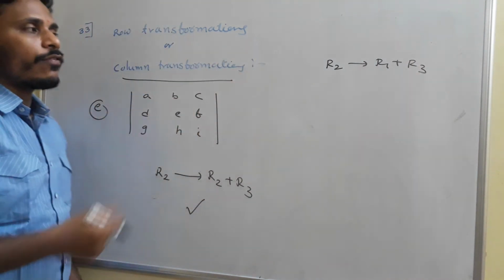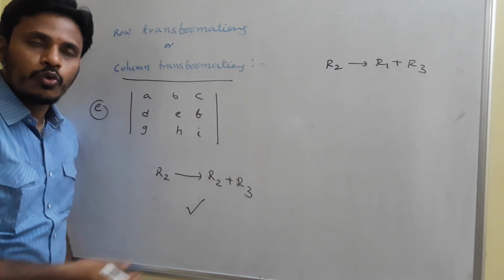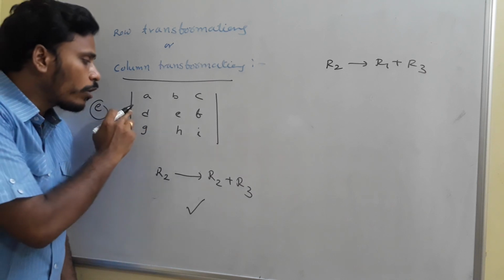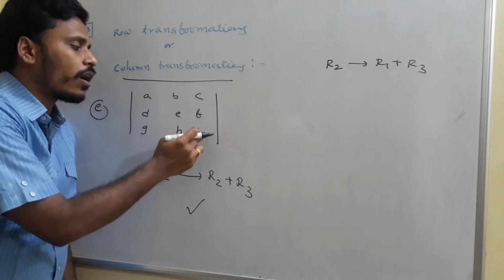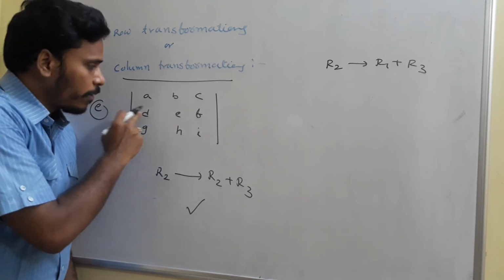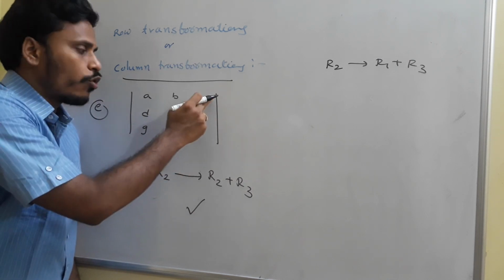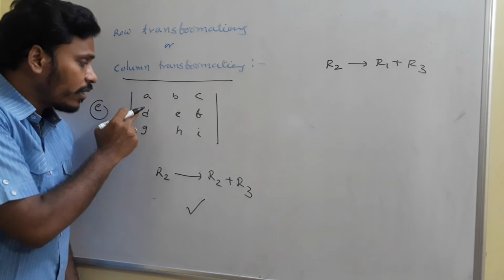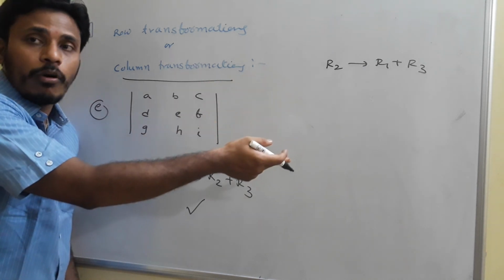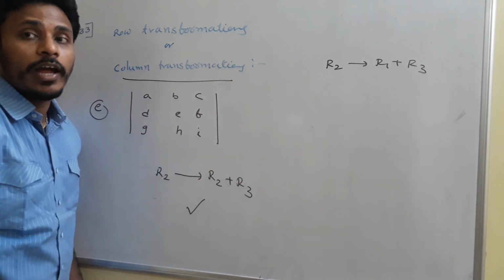See what will happen if R2 goes to R1 plus R3? We need to replace the second row with the elements of the first row and third row. First row won't change, third row won't change. Ultimately, this D, E, F won't appear in the newly formed matrix, and that's why its determinant value is affected.